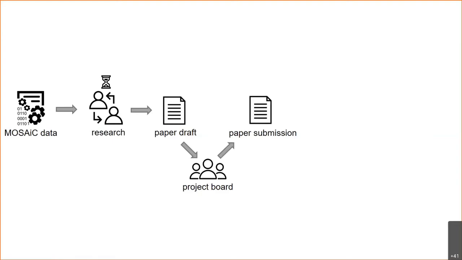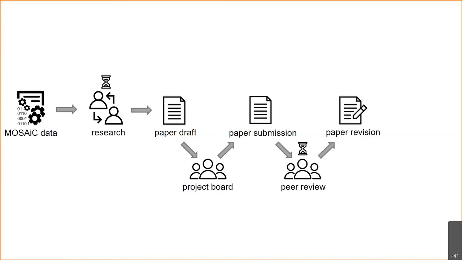Then the process is, let's say, standard. The paper can be submitted and undergoes peer review, which usually takes a considerable amount of time. After that, the paper is revised and, in the ideal case, is published.